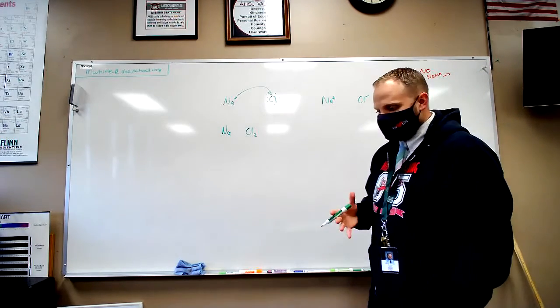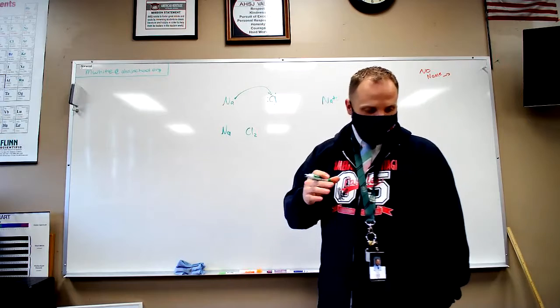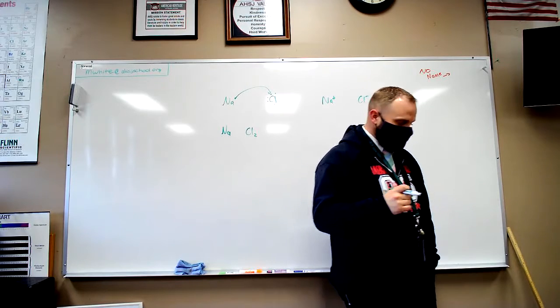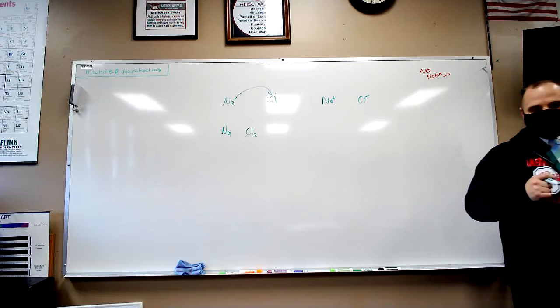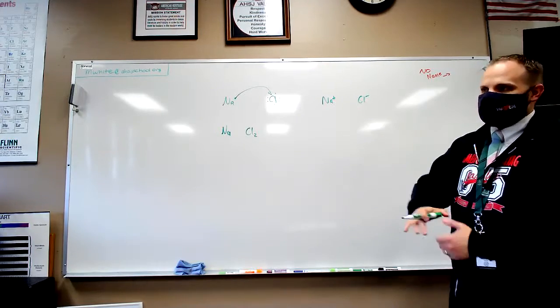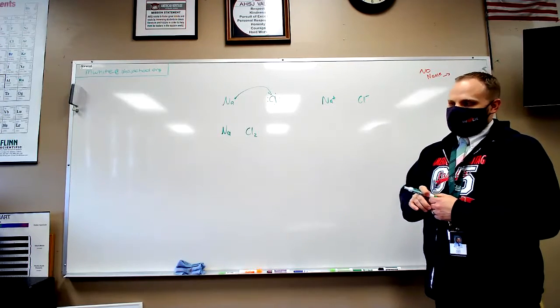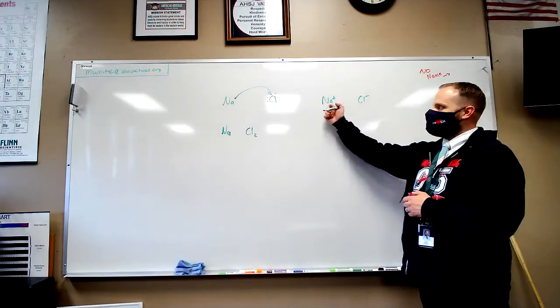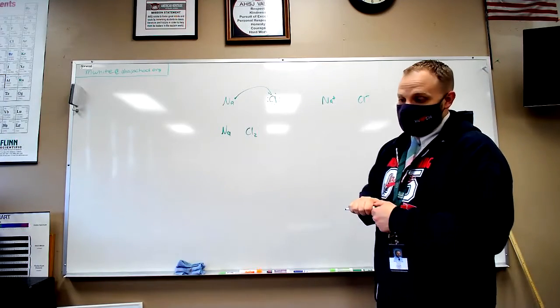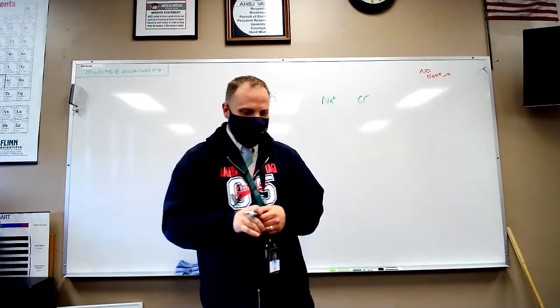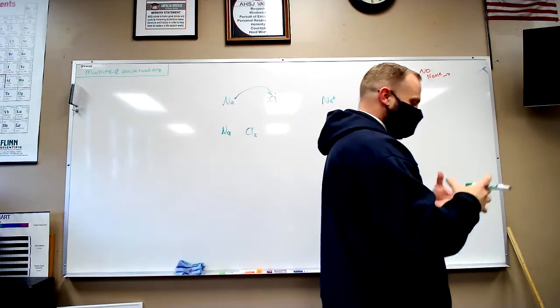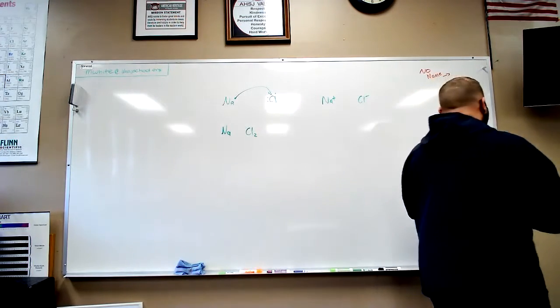The reason for that is that the hydrogen is more likely to be reduced than the sodium. It's easier to reduce the hydrogen in water than to reduce sodium ions. So that's what we get. We start to get this reduction of the hydrogen in the water.